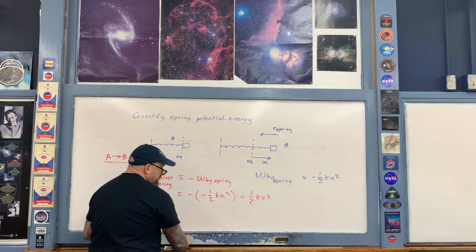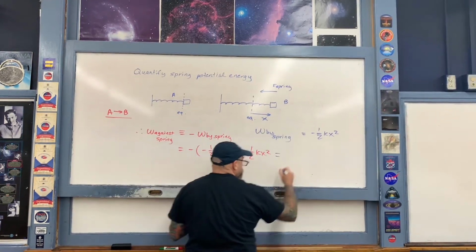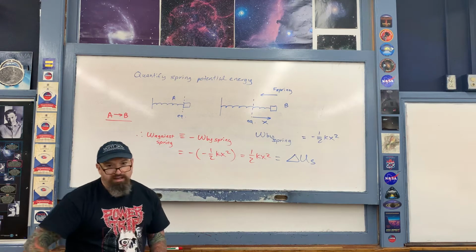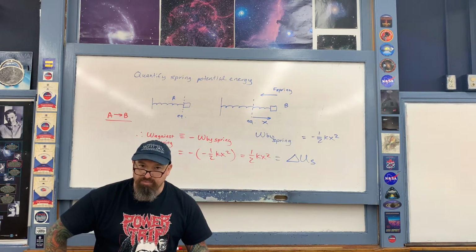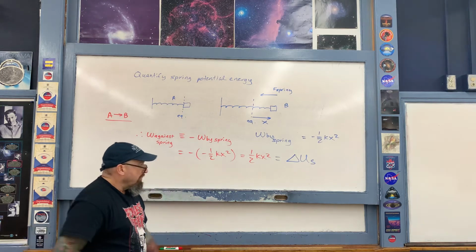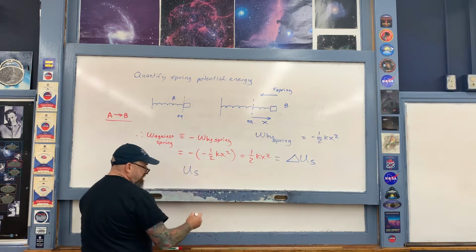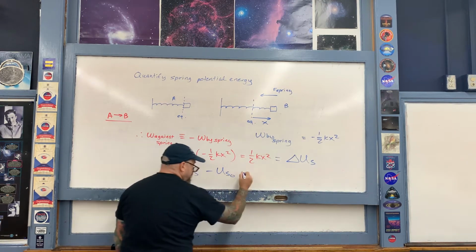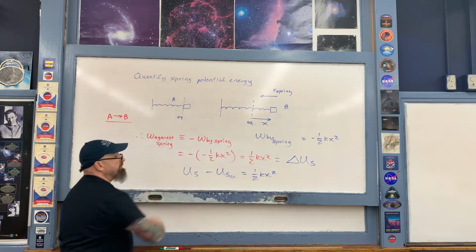We then interpret this quantity, positive 1/2 kx squared, to be equal to the change in spring potential energy as we go from position A to position B. Spring potential energy is labeled as capital U sub S. Okay, now, technically speaking, it's a final value at position B minus an initial value at position A. However, position A, keep in mind, is our equilibrium position.